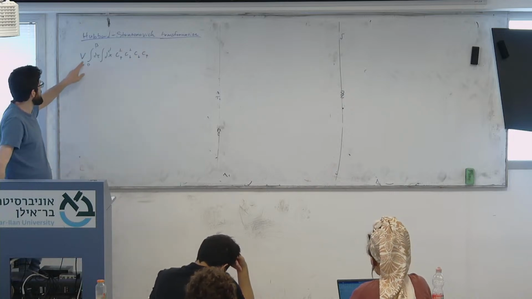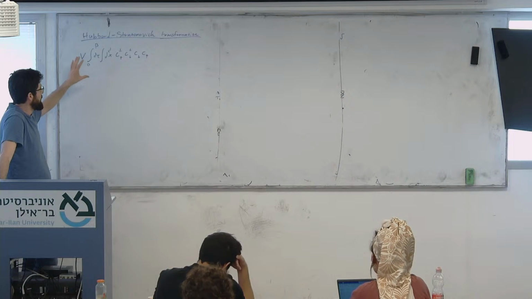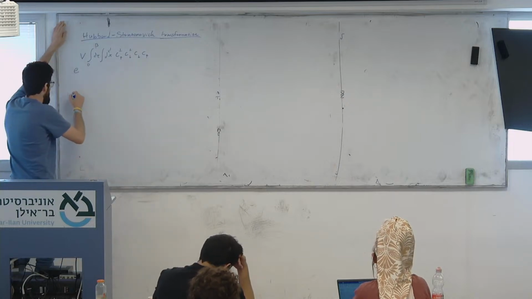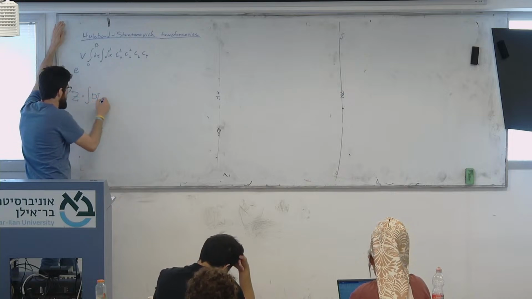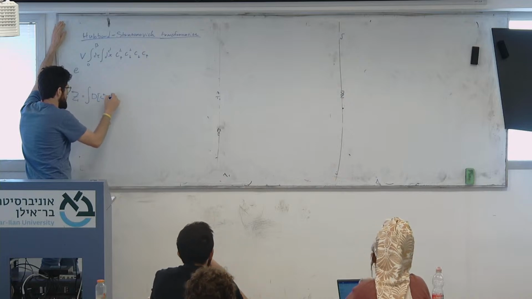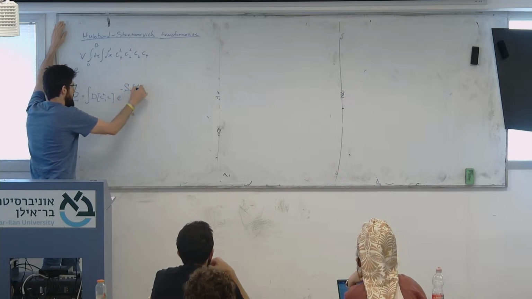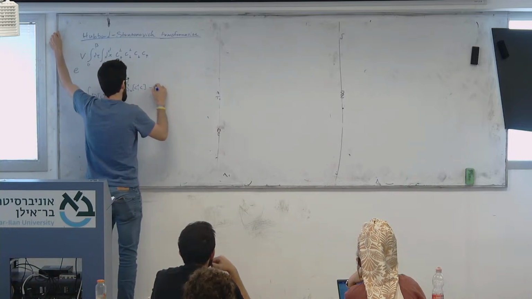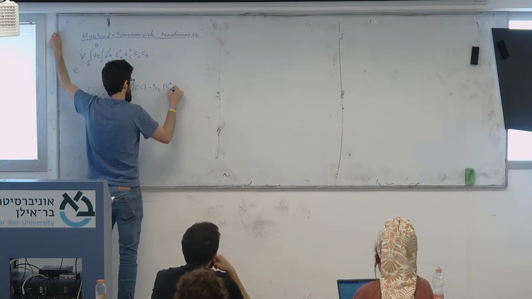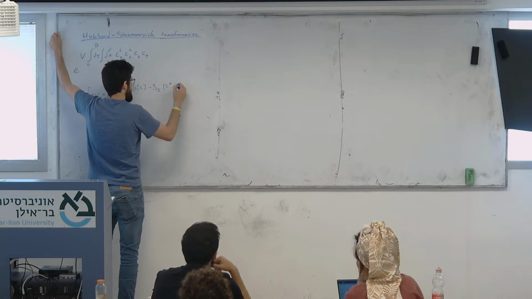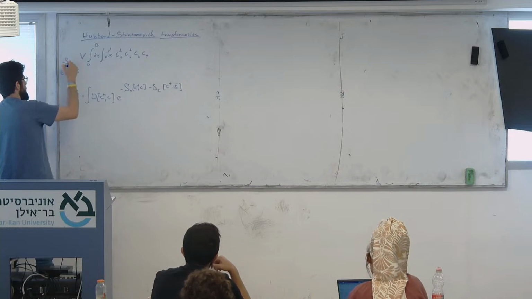Okay? V is the strength of the interaction. Now notice that this comes from Z, which is equal to some field integral over C dagger and C, e to the minus S0 of C dagger and C, minus S interaction of C dagger and C. And this thing here is exactly e to the minus S interaction.